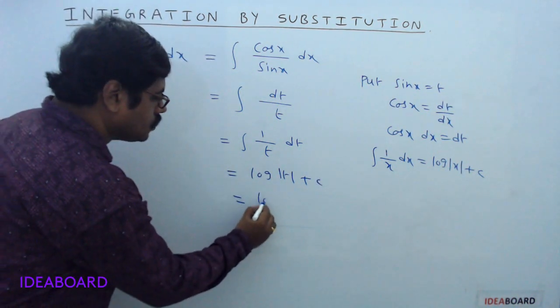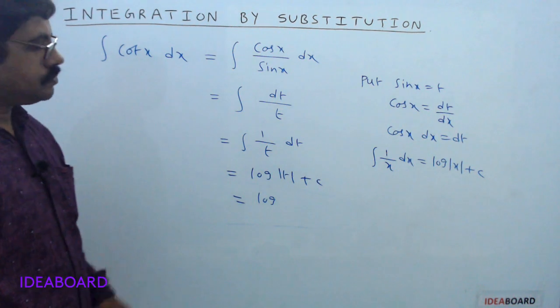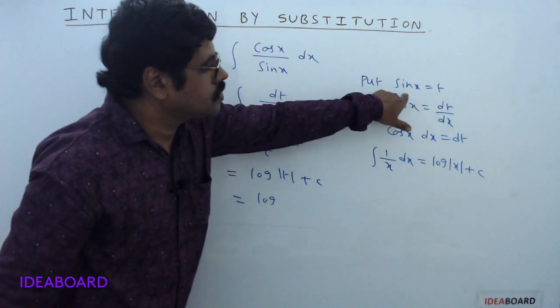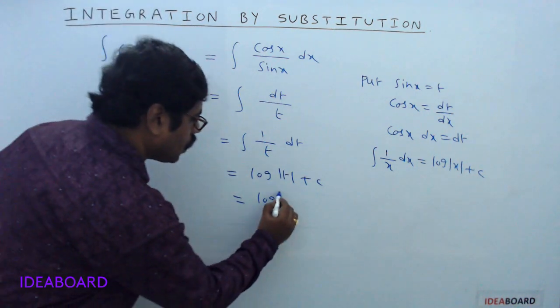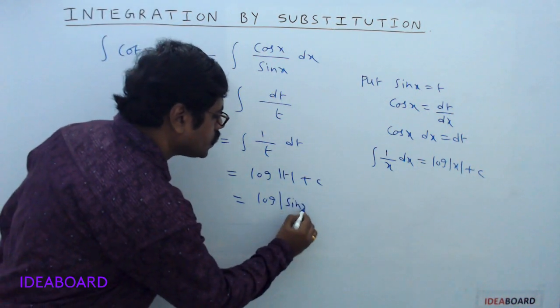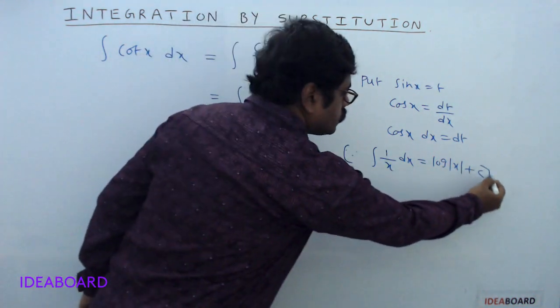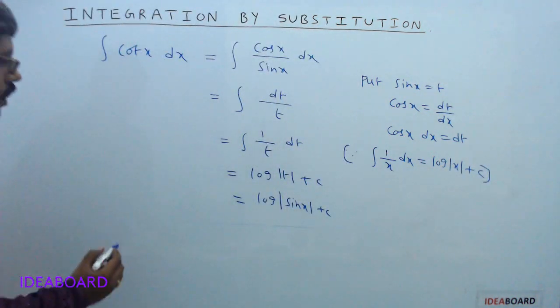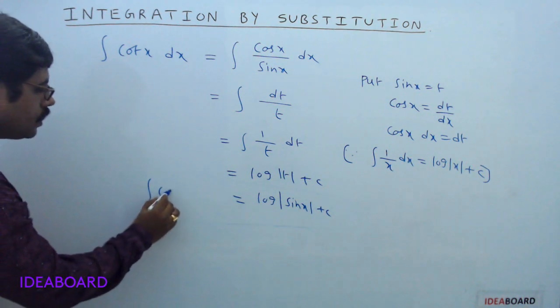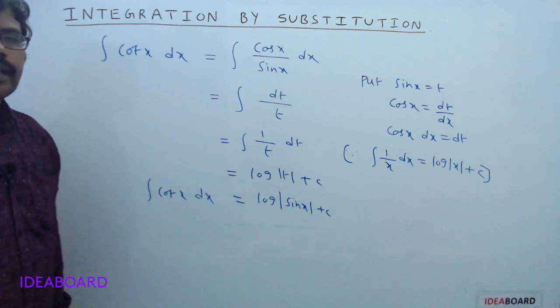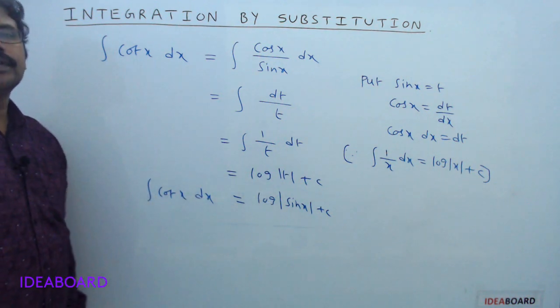Now here, instead of t, write down our substitution sin x. So logarithm of modulus of sin x plus a constant c. Now what is our final formula? Integral cot x dx equals log mod sin x plus a constant c.